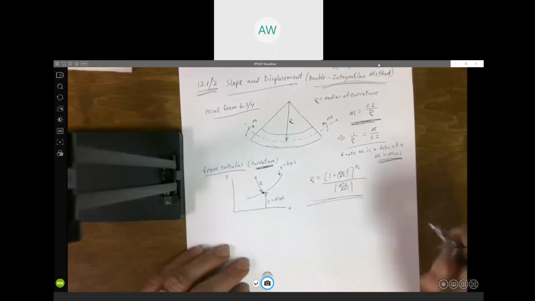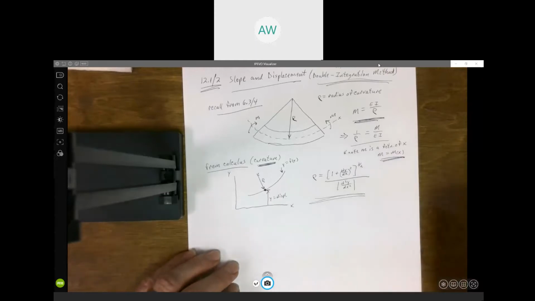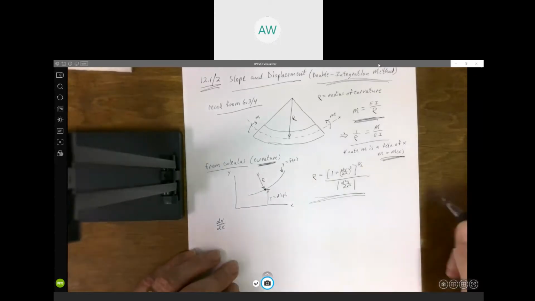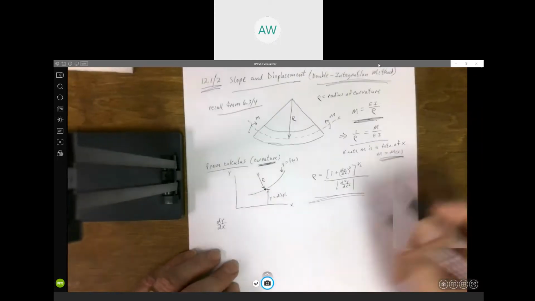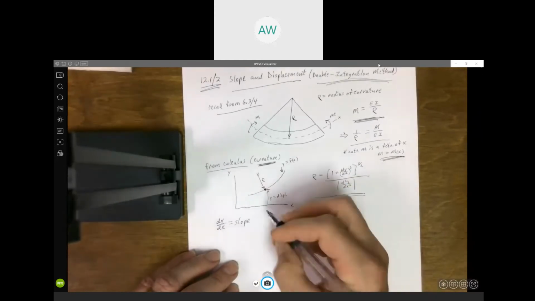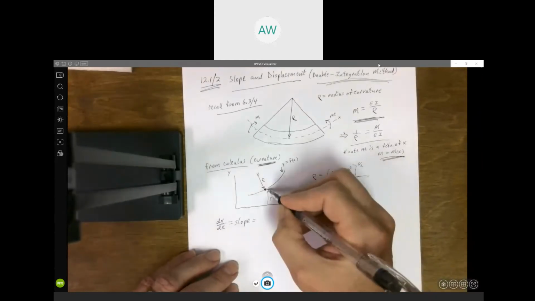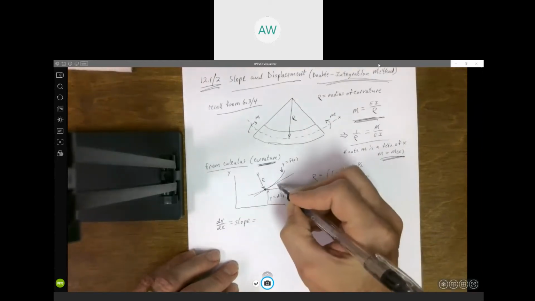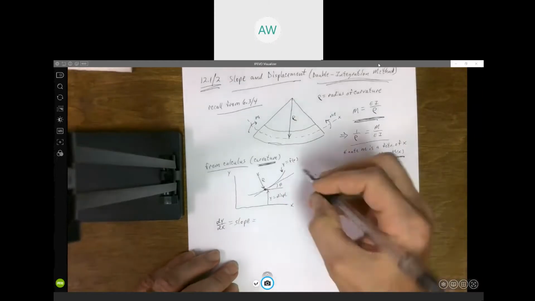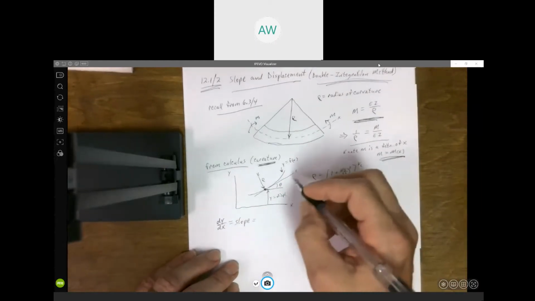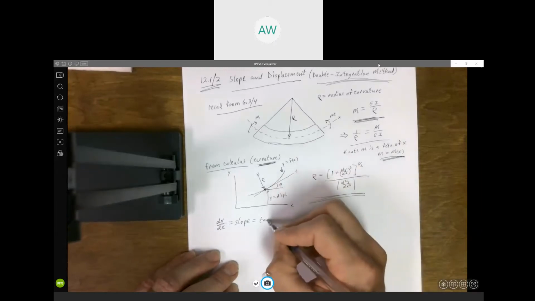Well, for our purposes, we didn't get to do this in dynamics, but dy/dx, this term in the numerator, that's the slope. If you look at the tangent line here, the slope would be tangent theta.